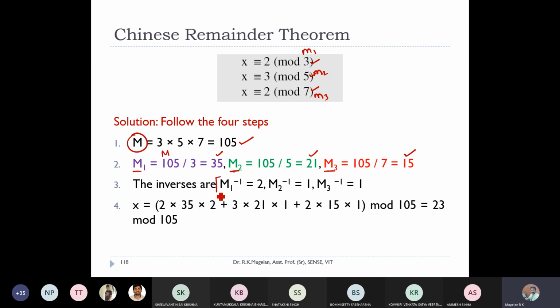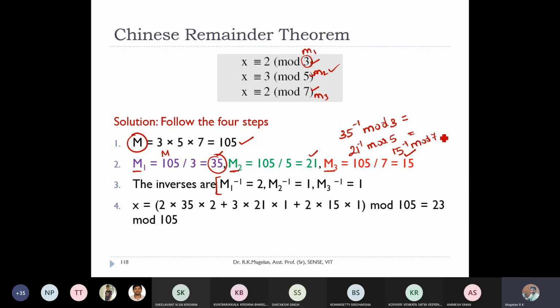Now you have to compute the multiplicative inverse of capital M1 with respect to small m1. That is, you have to find the multiplicative inverse of 35 with respect to modulo 3. Then you have to find the multiplicative inverse of 21 with modulo 5, which is m2. Then the multiplicative inverse of 15 with modulo 7.